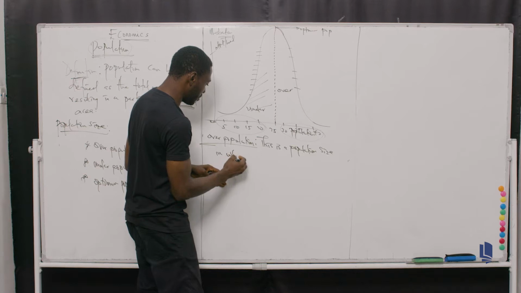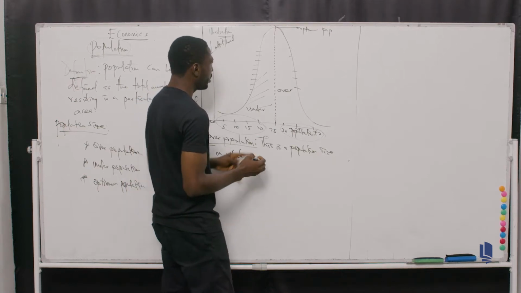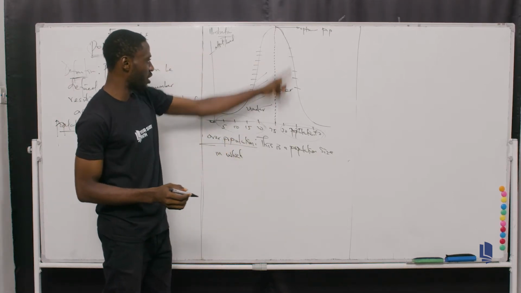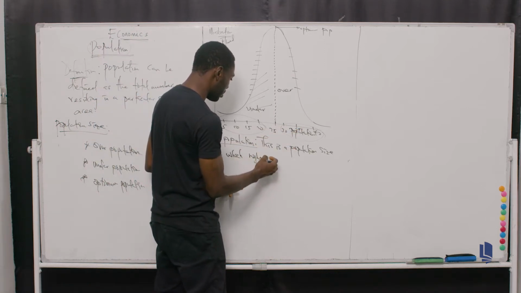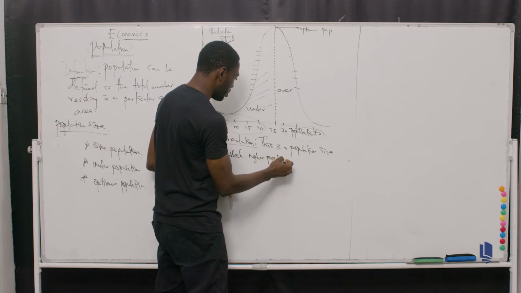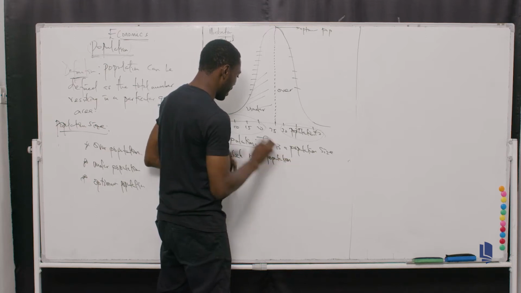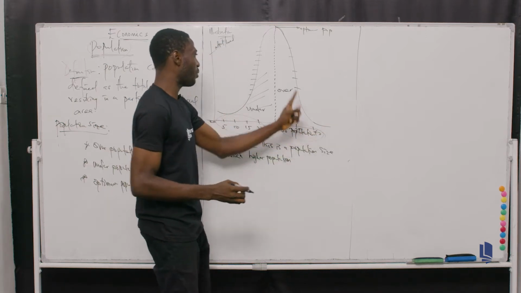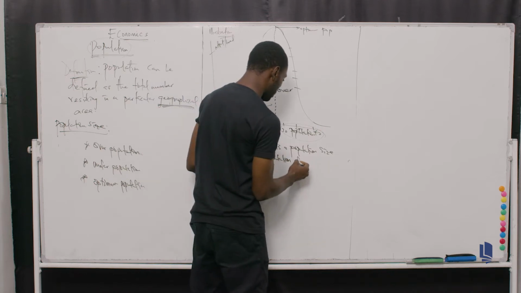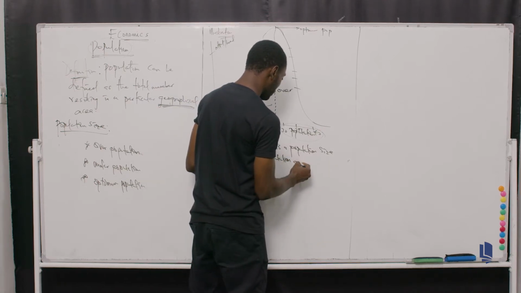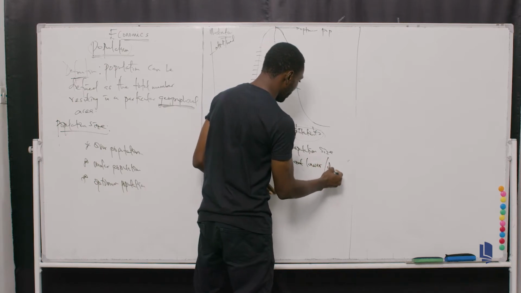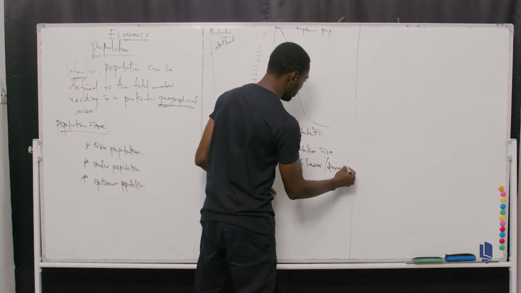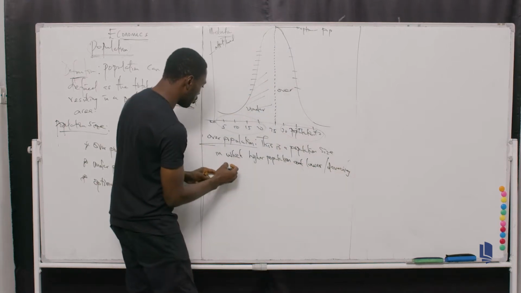In which, if you look at this, over, where is over? In which we have higher population size, or you can just say higher population, and lower or decreasing output per head.